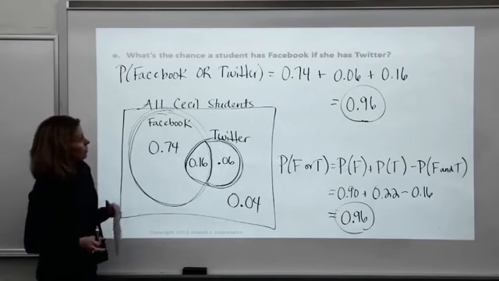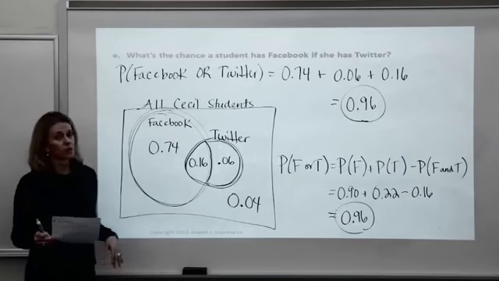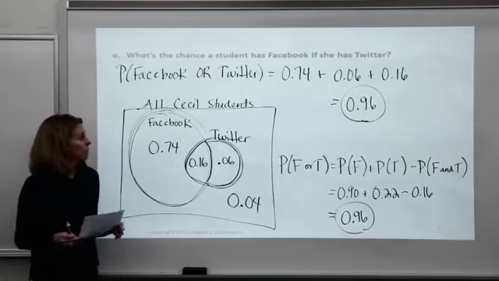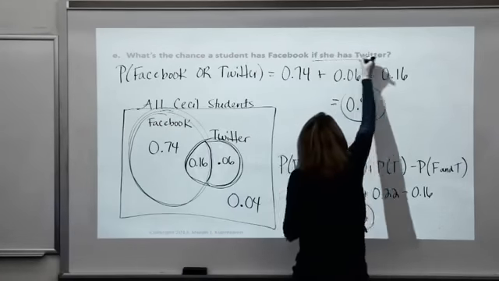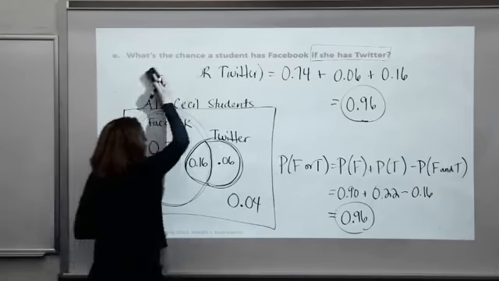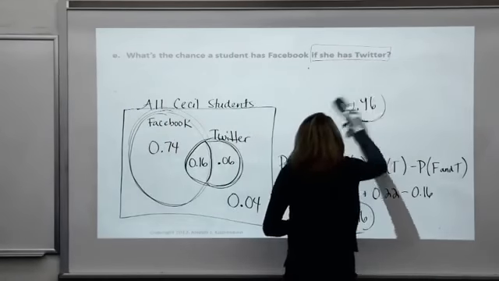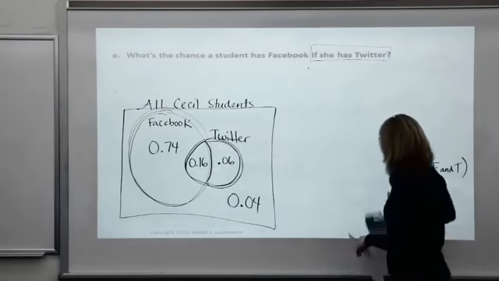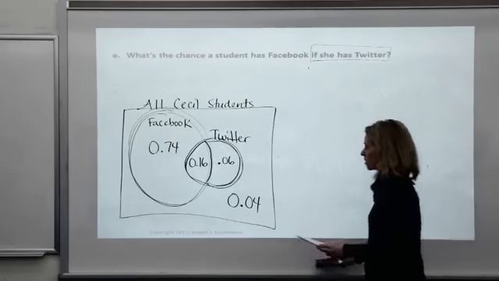What's the chance a student has Facebook if she has Twitter? So we know this about the student. This student has a Twitter account. And if we know that she has a Twitter account, what's the likelihood that she has Facebook?